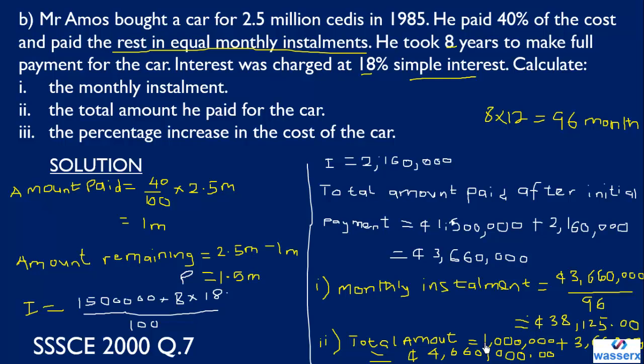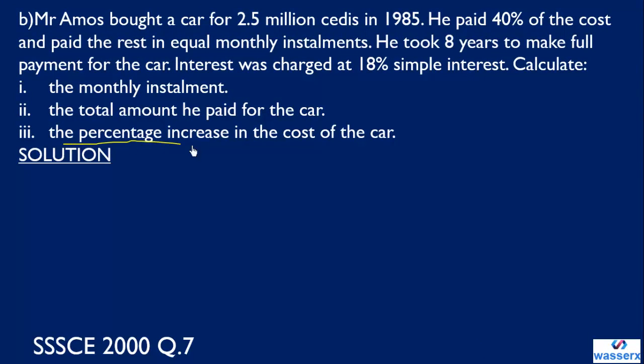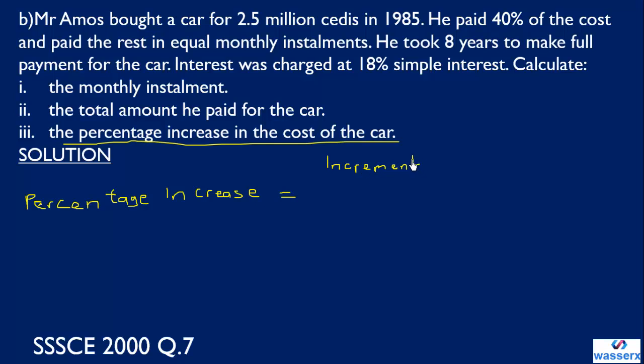So the B part, the second part, you're supposed to calculate the percentage increase in the cost of the car. So we know the percentage increase will be equal to the increment in the cost over the original cost of the car, times 100.